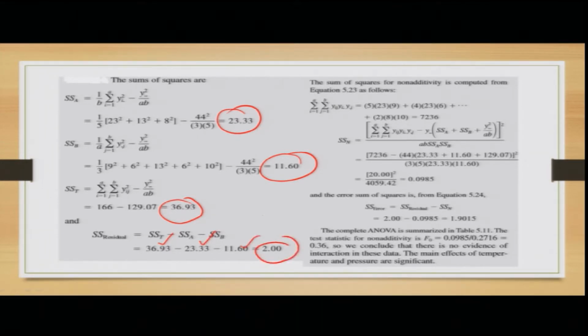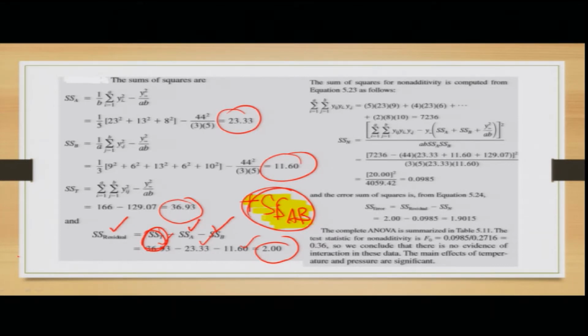Technically the total sum would be equal to SS A, SS B, SS error or residuals, plus obviously an SS AB term if you had considered it, but that is not there, if you remember. So that is why the calculations are simple.